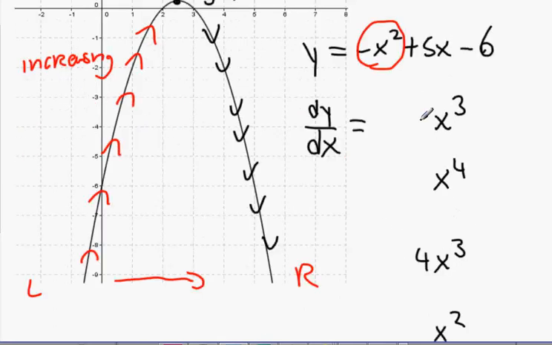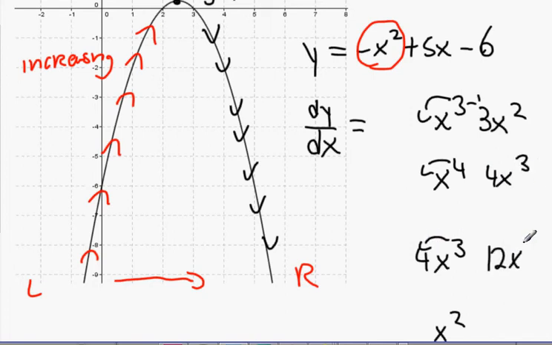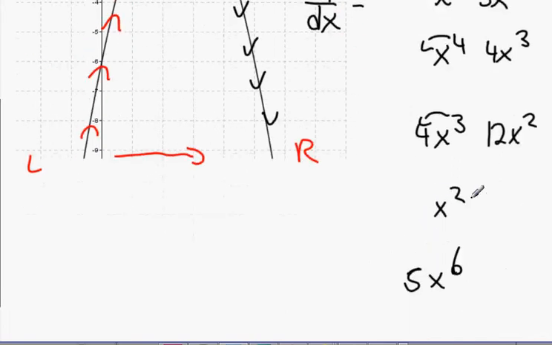When you differentiate anything that has a power of 2 or above, squared, cubed, power 4, power 5, what you always do is bring the 3 to the front, and you get 3x, take 1 away from the power, 3x squared. What's the next one? 4x cubed. After that? 12x squared, because 3 by 4 is 12, minus 1 is x squared. After that? 2x. And finally after that? 30x to the power 5. Okay? Perfect.